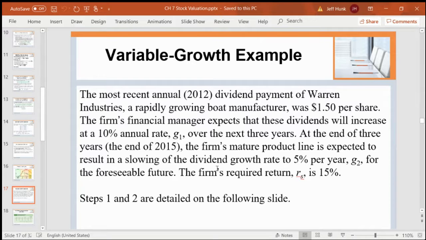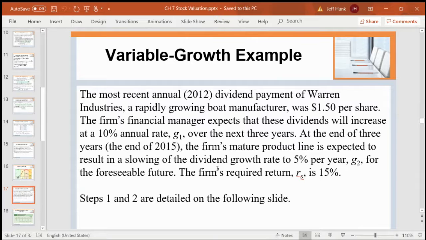For the foreseeable future is just another way of saying indefinitely. You might say, indefinite clearly means something different, that it means forever, while foreseeable future seems like a shorter time frame.